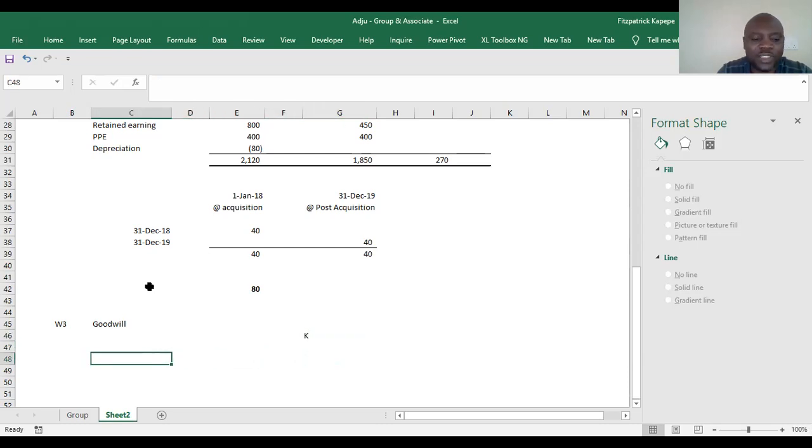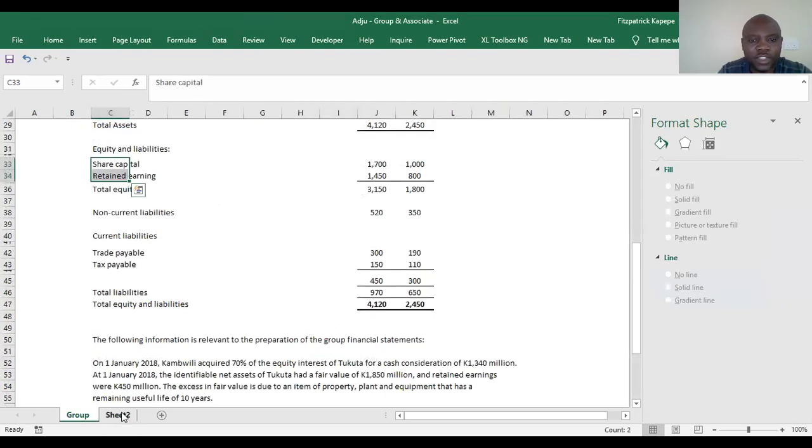So we start with cash consideration. How much was the cash consideration? Just a minute, I just enlarged them. Or 1340.